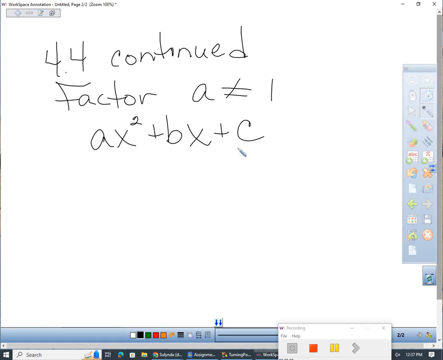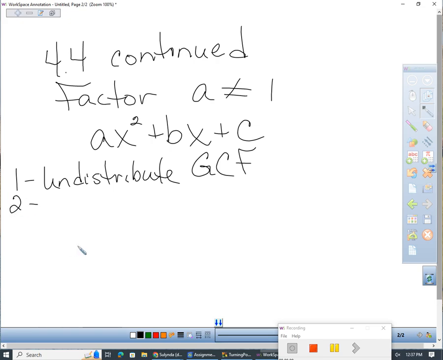The steps we did yesterday, I want to remind you. First, I told you you had to undistribute the greatest common factor. Step 2, you draw your x. Step 3, we filled in the x.